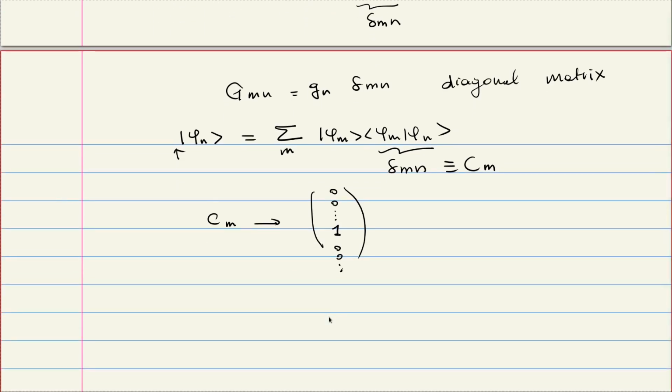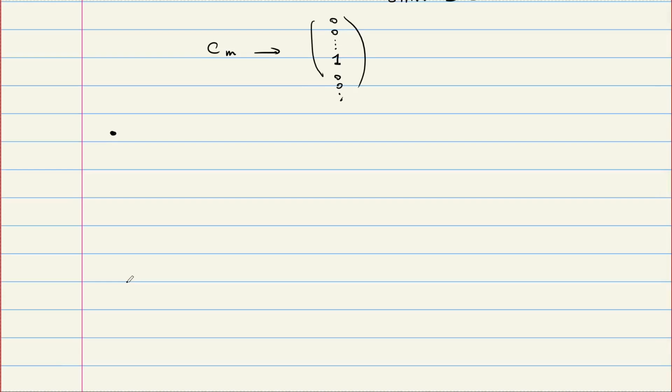Let me also remind you a little bit from 300. If you have A, B, C, these are operators, but I'm not going to put hats on them, though I can if you feel better. These are a complete set of commuting operators.